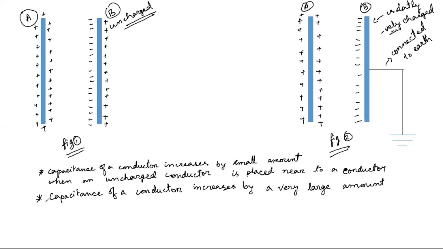And that is why we say the capacitance of a conductor increases by a very large amount when an earthed conductor is placed near it.